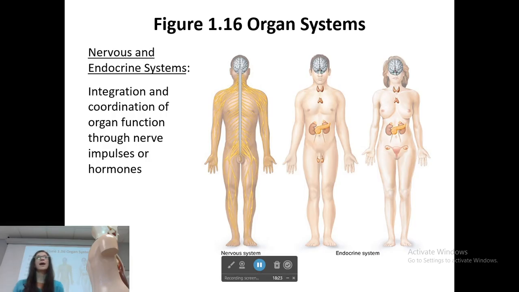Okay, then you also have the endocrine system. So see if you can find any parts of the endocrine system on your model. Okay, I mentioned the organ, the thymus.